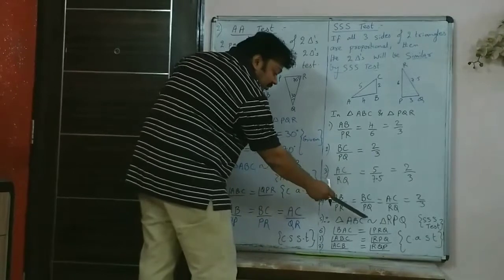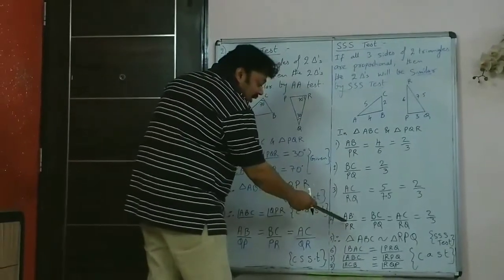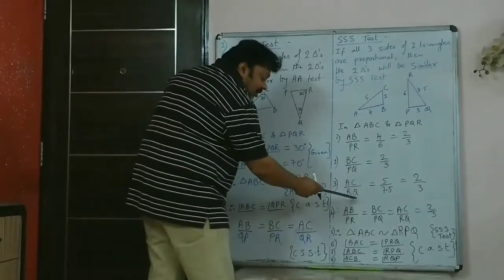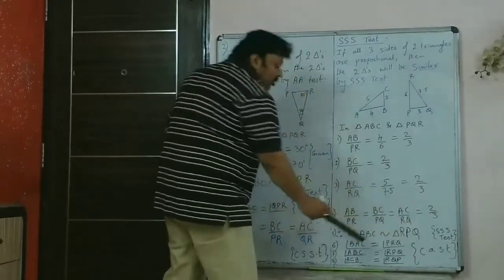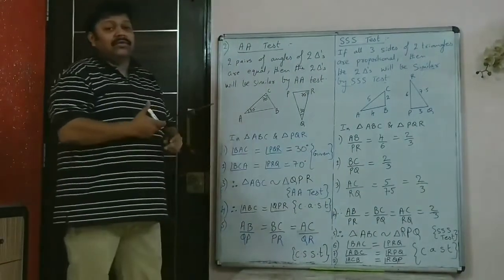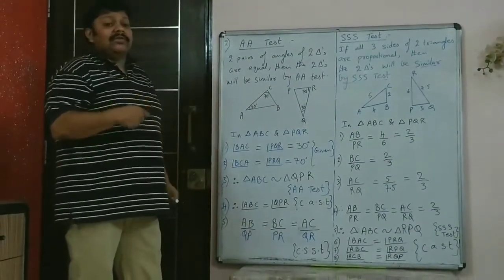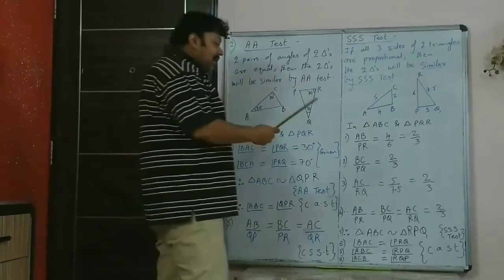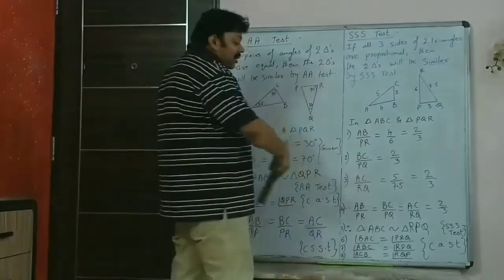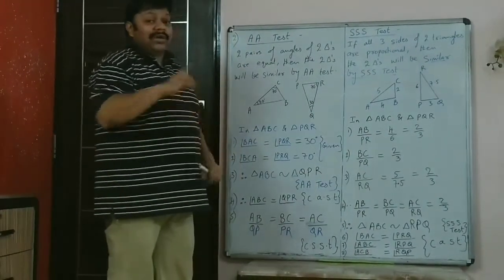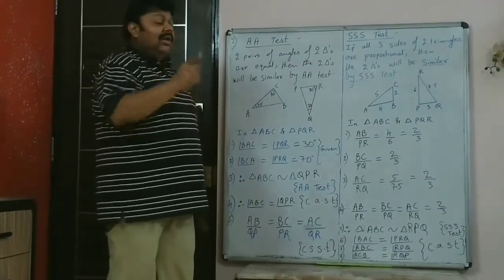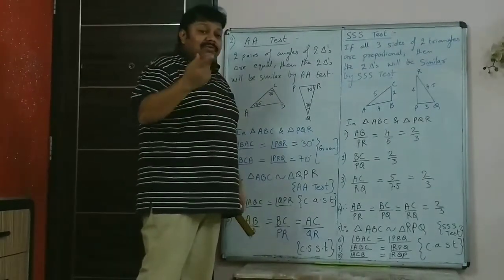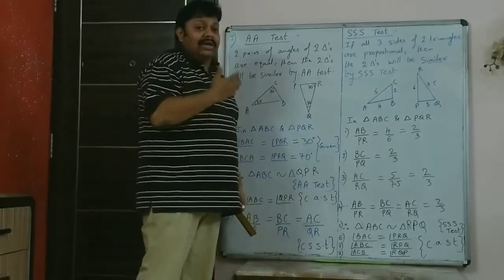AC is first and third alphabet, and down below RQ is also first and third, so that's the correct sequence. So you have to write the similarity in the correct one-to-one proportionality. Had I written ABC and PQR, that would not be the correct one-to-one correspondence, and that will not give you the corresponding congruent angles.